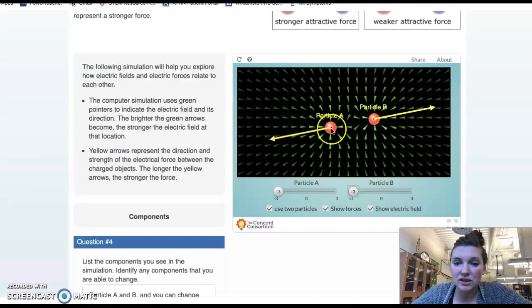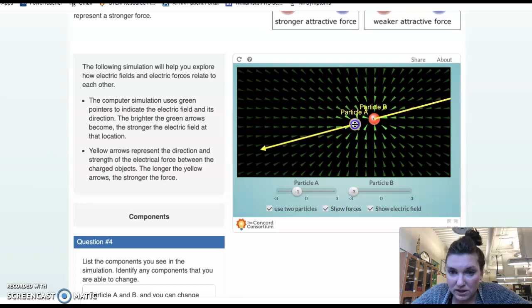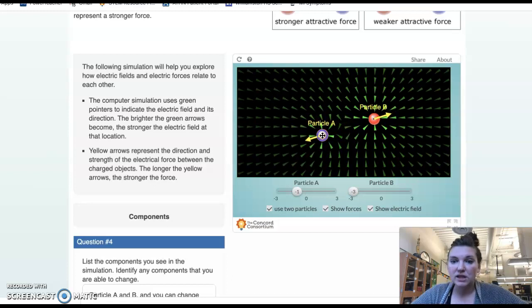Let's look at that. What if we have one very charged object and one not so charged object? I notice that right now those arrows are the same length, and when I bring it closer, they're still the same length. When I bring them farther away, they're still the same length. So those forces are acting equally on both of them, even though one has a much stronger field than the other. The net balance between them is an equal force between them.